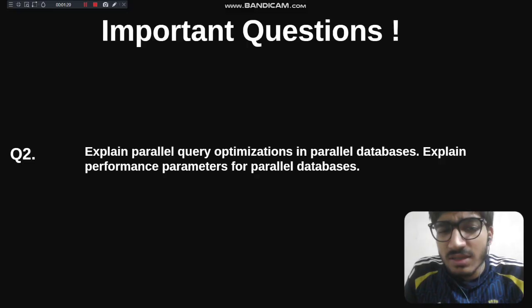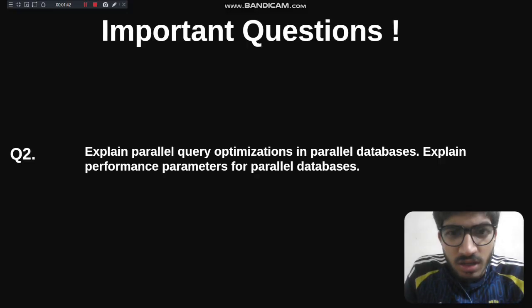Example: select name from employee where salary is greater than 50,000. This is selection plus projection. Second, choosing a parallel execution strategy. The parallel DBMS analyzes execution plans and chooses how to run tasks in parallel.